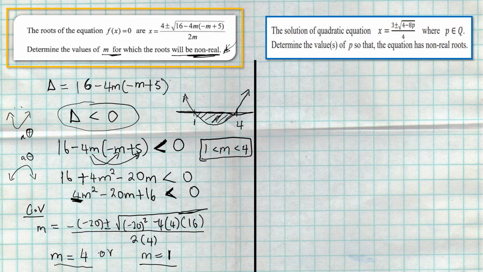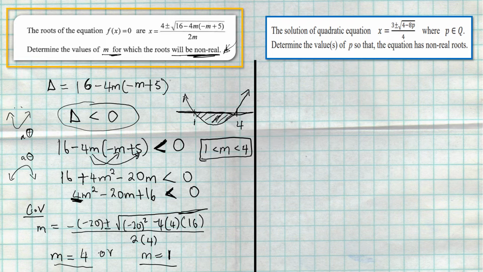Okay, let's quickly look at this other one. They said the solution for a quadratic equation is x equals 3 plus or minus the root of 4 minus 8p, all divided by 4, where p is an element of, I think that's an integer. Determine the values of p so that the equation has non-real roots.